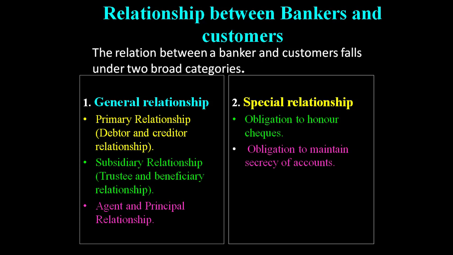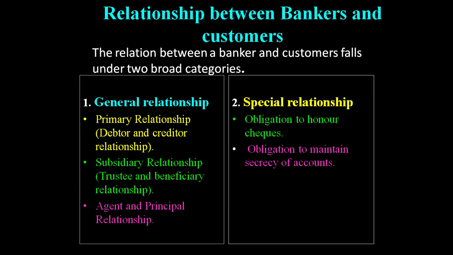In general relationship, the very important aspects we are going to identify are the primary relationship, with the services our bankers provide, like debtor and creditor relationship, and the second one, the subsidiary relationship, like trustee and beneficiary relationship.